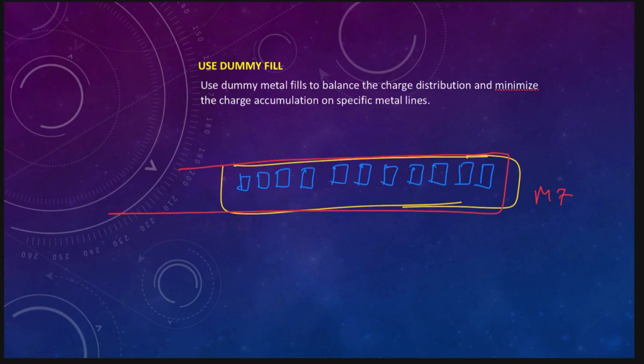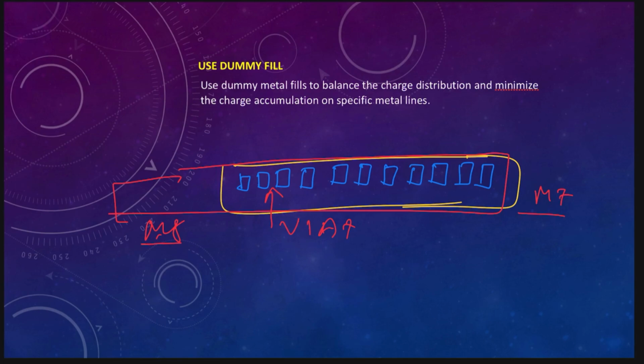This is metal 8. The interviewer is saying I'm getting an antenna error in via 7. They will ask you, why not in M7 and M8? Why am I getting the antenna error only in via 7?